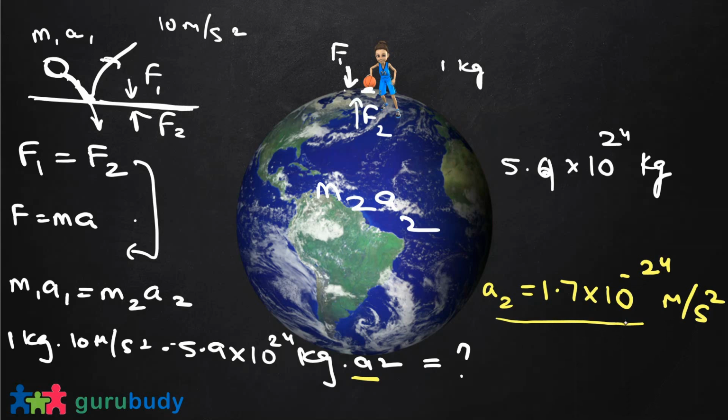It's practically zero compared to the 10 meters per second squared of the ball. That's why you see the ball bouncing back, but the earth does not, because there is hardly any movement in the earth. I hope that makes things clear. So remember, for Newton's law, whenever there is contact or an interaction, there would be a pair of forces, and those forces would be equal in magnitude and opposite in direction.